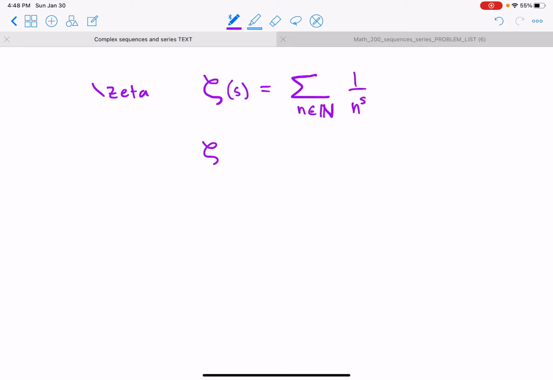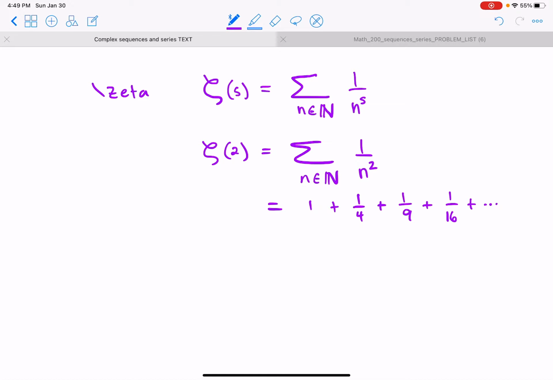If you want, you can remember some specific values. For example, zeta of 2 is equal to the sum over all the natural numbers of 1 over n squared, which is 1 plus 1/4 plus 1/9 plus 1/16 plus ... forever, plus 1/25 plus ... Okay?